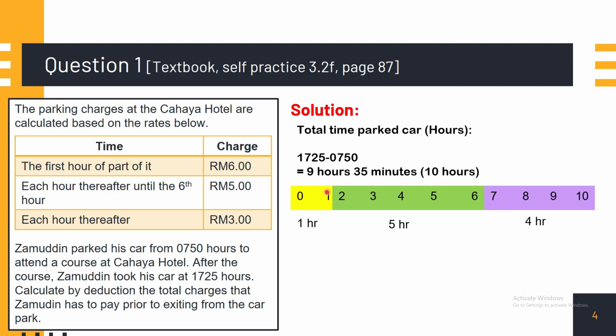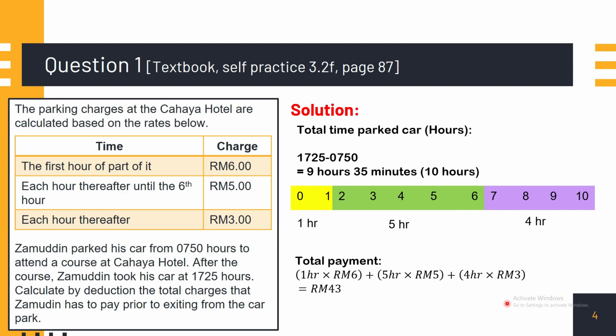Then we calculate the total payment, which is 1 hour times 6 ringgit for the first hour, plus 5 hours times 5 ringgit for each hour thereafter until the 6th hour, the green one, plus 4 hours times 3 ringgit, the purple part, each hour after the 6th hour.